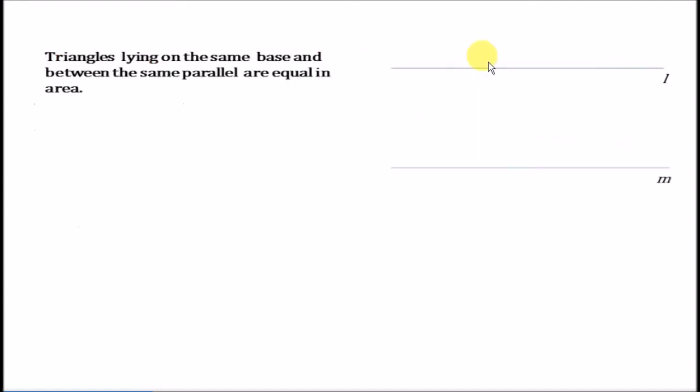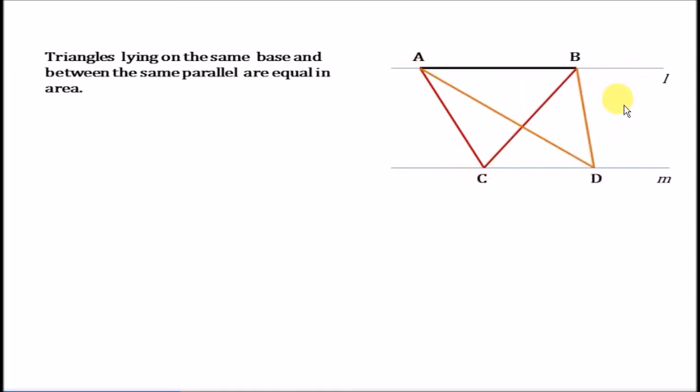Another prerequisite for proving the theorem is: triangles lying on the same base and between the same parallels are equal in area. Remember, this assertion has already been proved in grade 9. Here we have a set of parallel lines L parallel to M. Now let's draw triangles over these parallels: triangle ABC and triangle ABD.